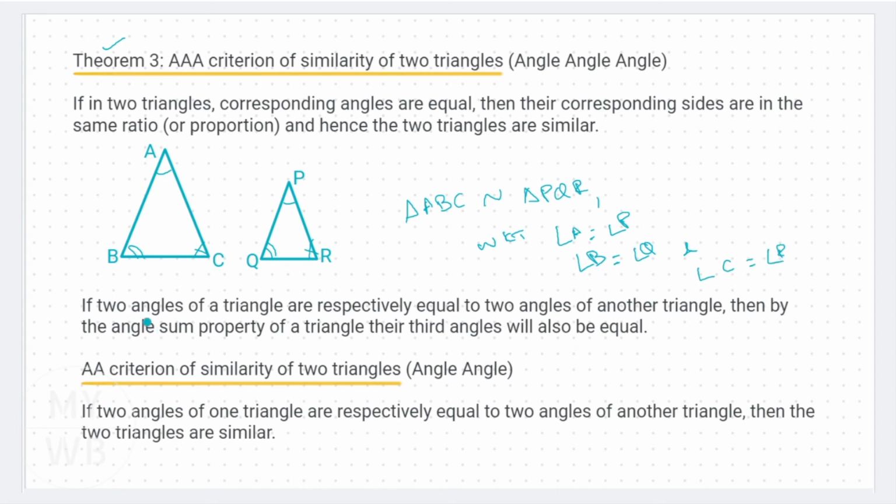In a triangle, the sum of the three angles is always 180 degrees. This is known as the angle sum property. So, if two angles of a triangle are respectively equal to two angles of another triangle, then by the angle sum property of a triangle, their third angle will also be equal.